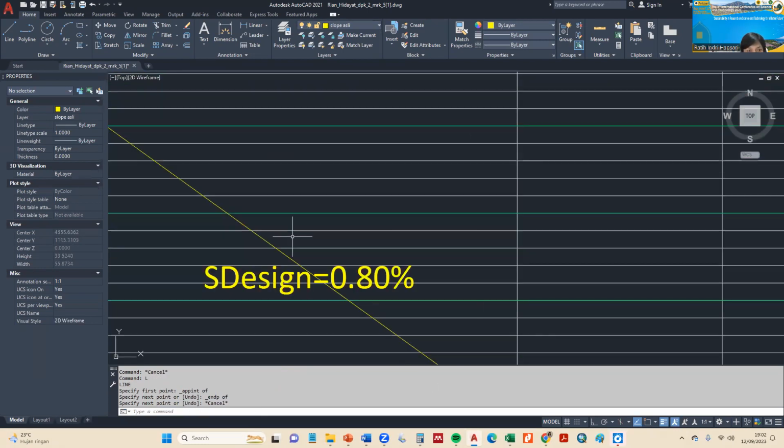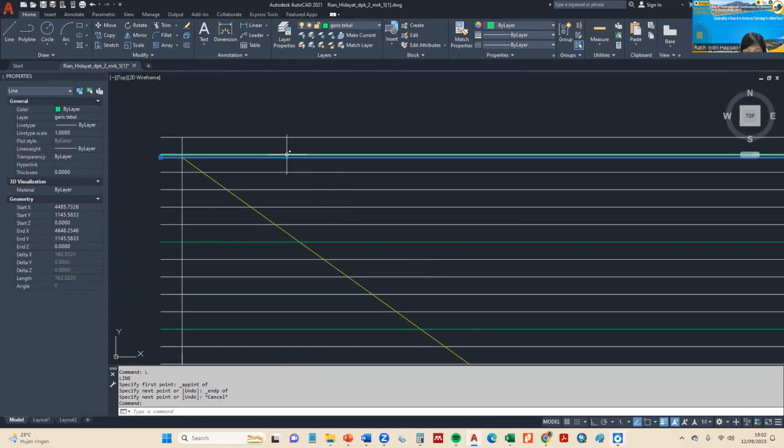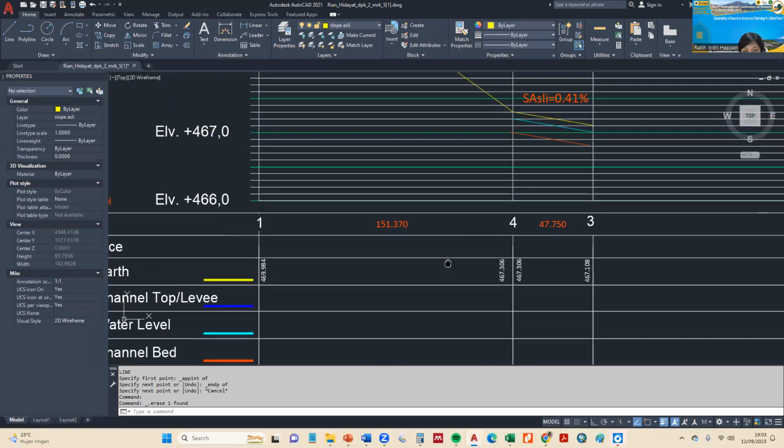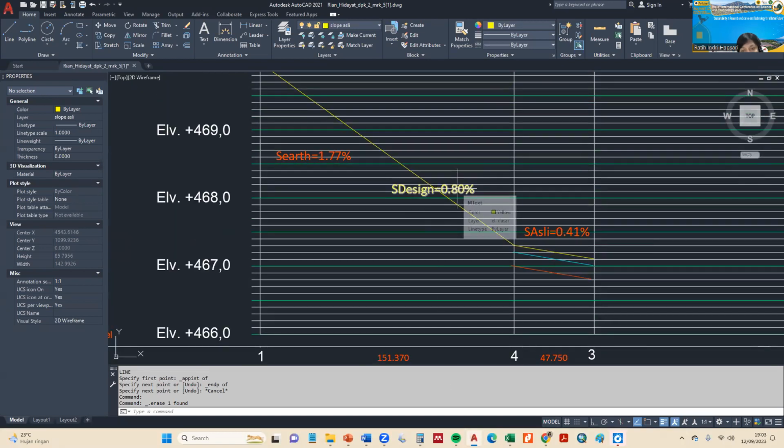Yes. And change the original one. You see, Mas Rian, your original channel is very steep. This is the correct one, original. As designed is, as earth is 1.77. Then we change into 0.8.